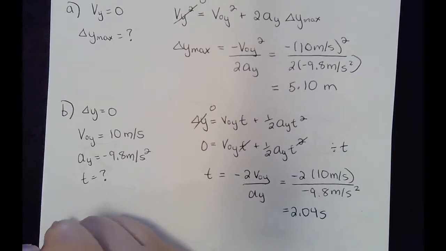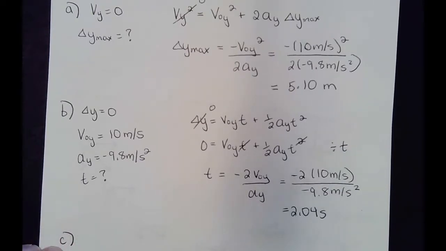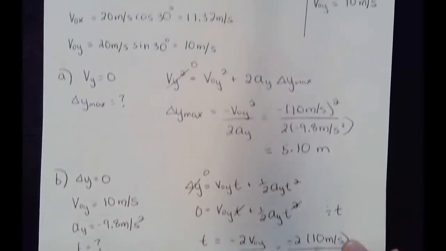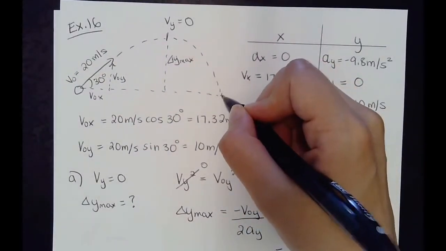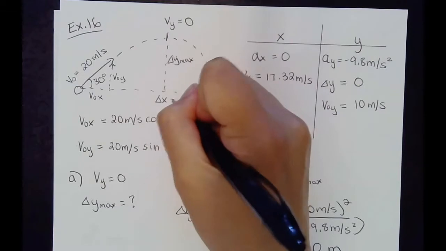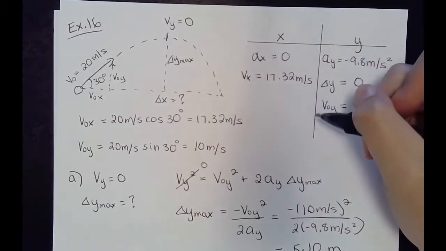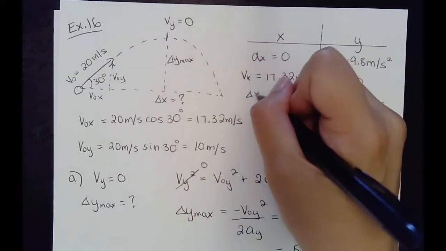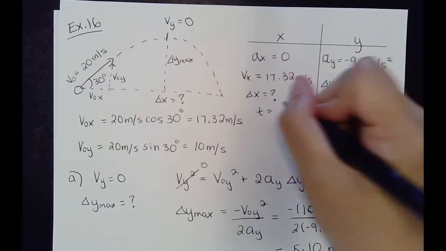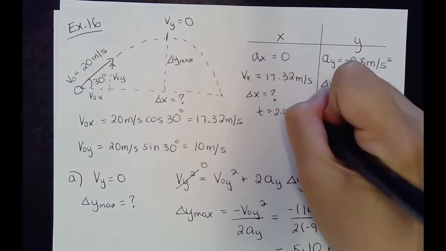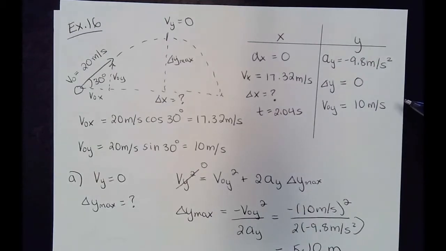All right, now for part C, we want to know where the receiver should position himself to capture the ball. So this is really asking us for this distance, delta x. If we look in our chart, we want to find delta x, and we do know the time now, which is 2.04 seconds, since the time is of course the same for both of the coordinate information.